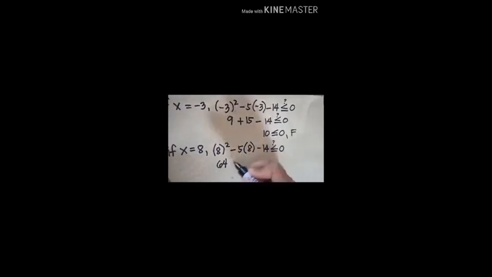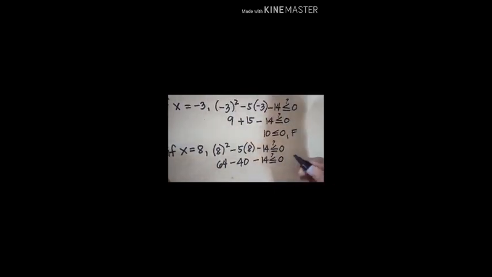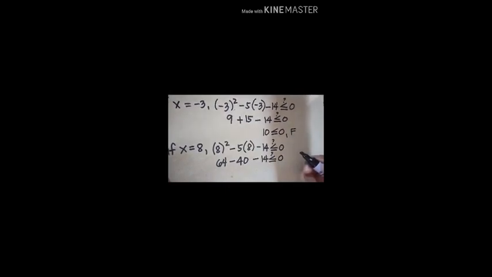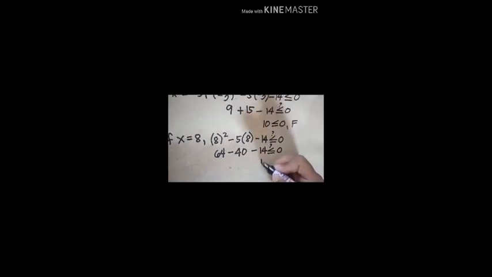Negative 5 times 8 is negative 40. Minus 14. 64 minus 40 is 24. Minus 14 is 10. And 10, again, is not less than or equal to 0 because it is greater than. So, therefore, it is a false mathematical statement.